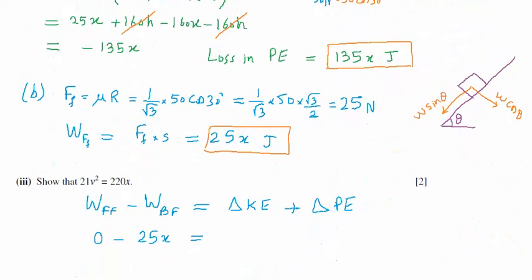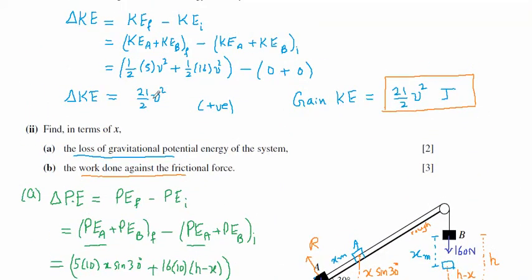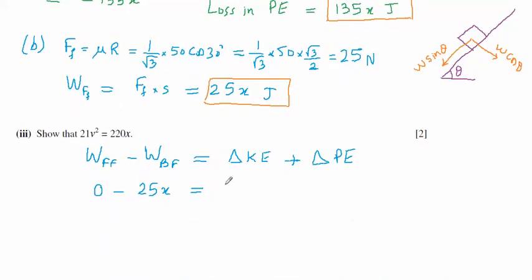It's also important that with this delta K we are not thinking in terms of gain and loss. So it is always convenient in our solution if we use delta K instead of gain and delta PE instead of the loss or gain in potential energy. So we'll put this value of delta K, 21 over 2 v square, plus delta PE.